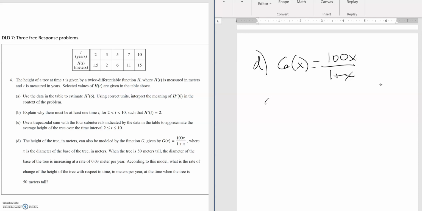And so now I can say dg dt equals the derivative of the other side, but I'm taking the derivative with respect to time, not x. X is the diameter of the base.